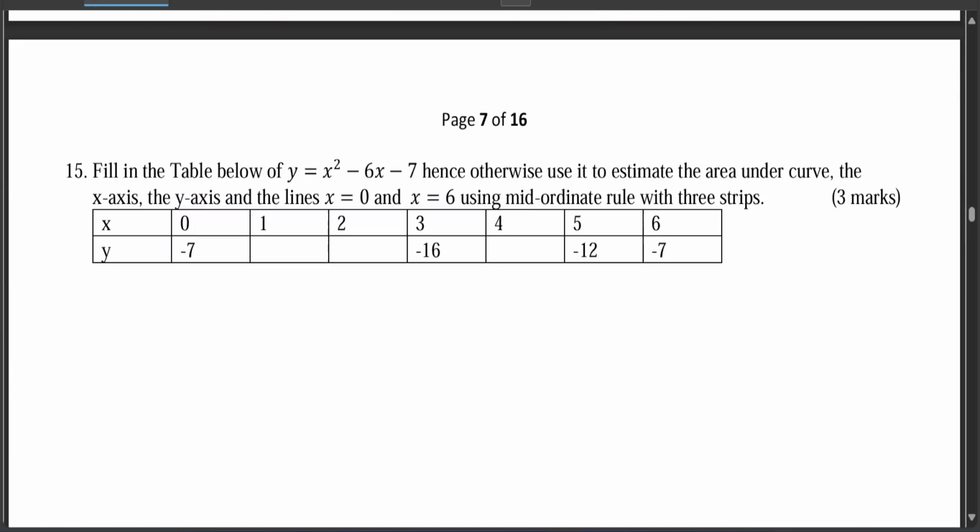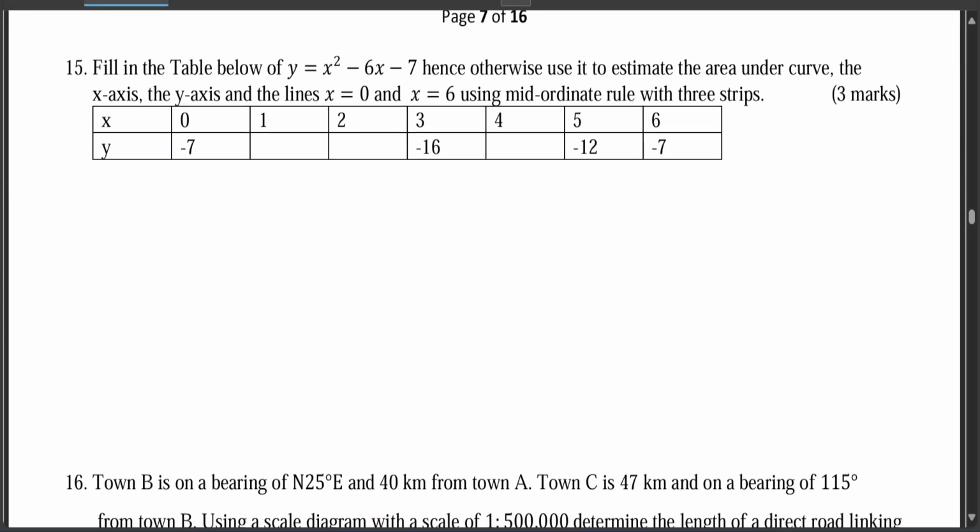Let's continue. Question 15. Fill in the table below of y equal to x squared minus 6x minus 7. Hence, or otherwise, use it to estimate the area under the curve, the x-axis, the y-axis, and the lines x equal to 0 and x equal to 6 using the mid-ordinate rule with 3 strips.